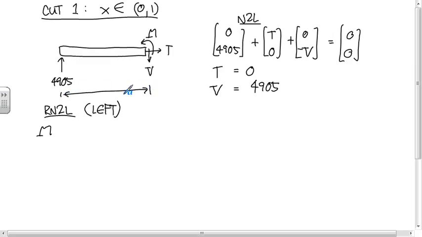If this thing is represented by the length x, then that shear force produces a moment of V times x clockwise, so minus Vx, that's equal to 0. So the bending moment is positive Vx, and V is 4905, so that's 4905x.